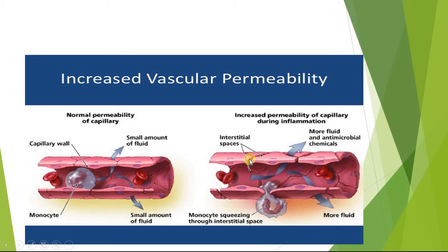The weak junction at the injured site enables the solid particles of the blood like protein molecules, antimicrobial chemicals and cellular components to squeeze through the doors.